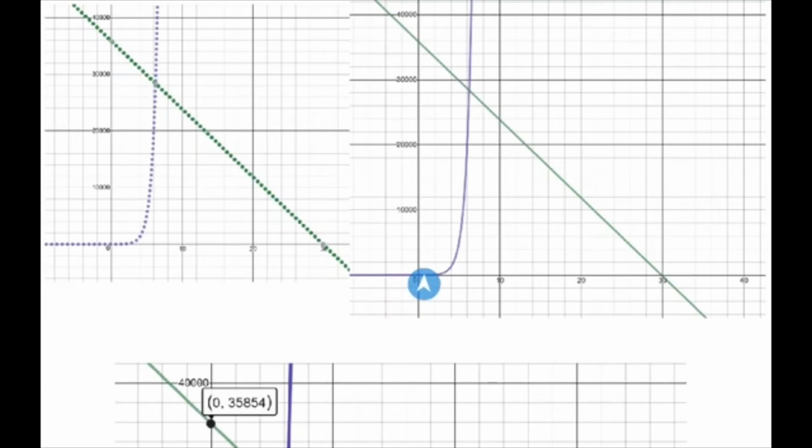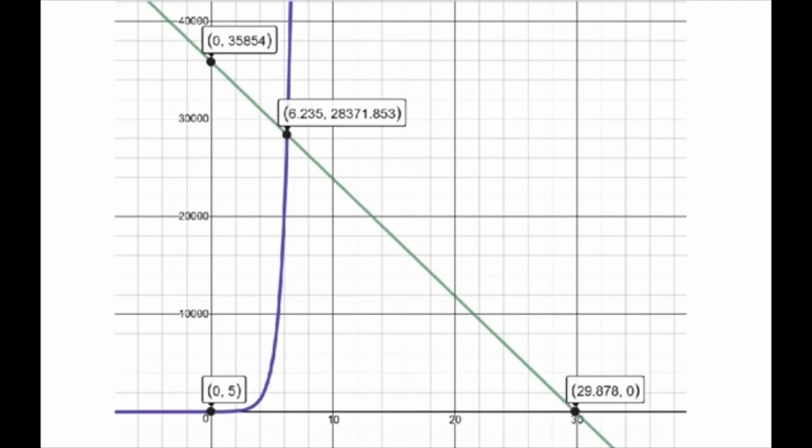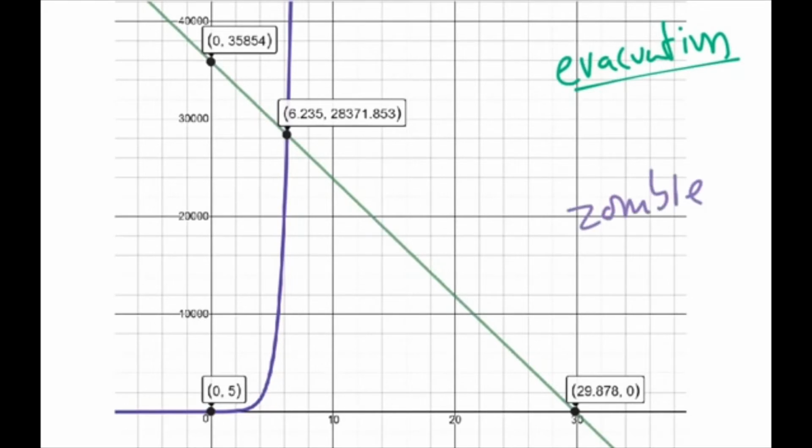Okay. If you decide to go continuous, it would look like this. I'll probably just keep mine as continuous. But we'll treat them basically the same way. Now, from this graph, and notice I changed mine to green. So green is our evacuation formula, and purple is our zombie formula.